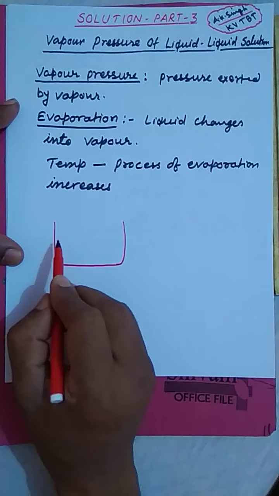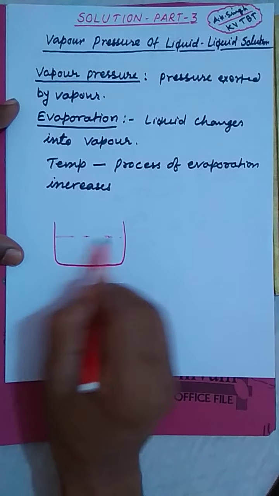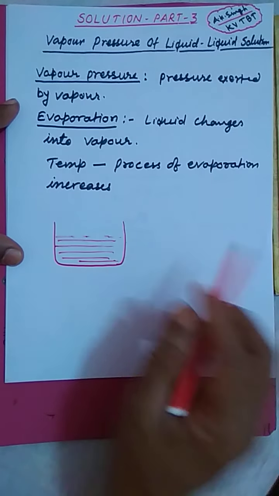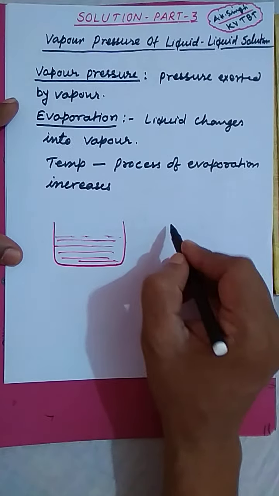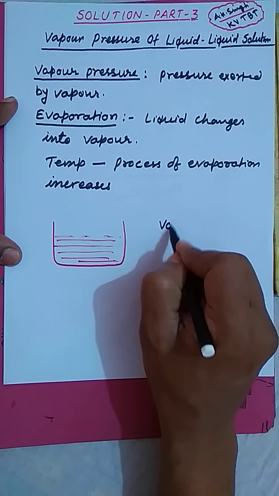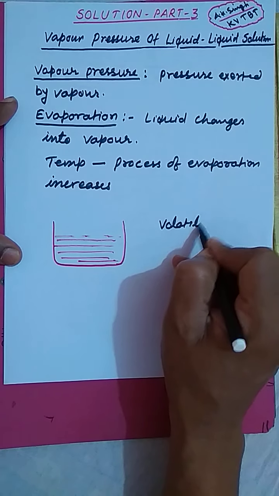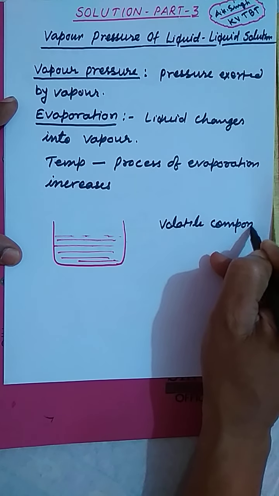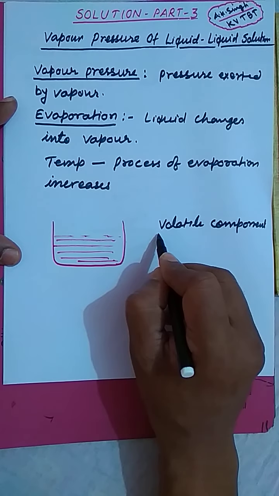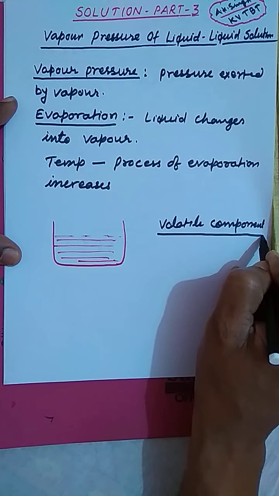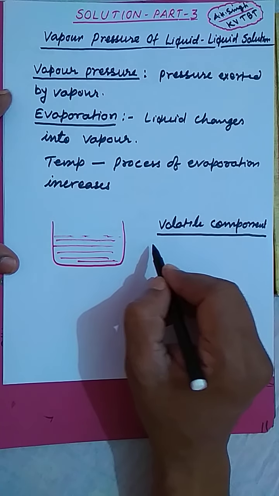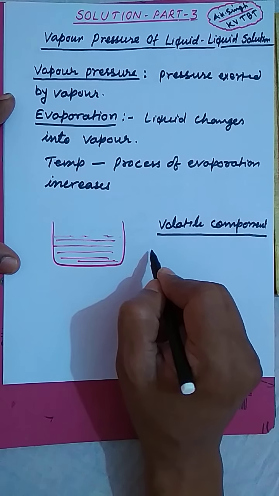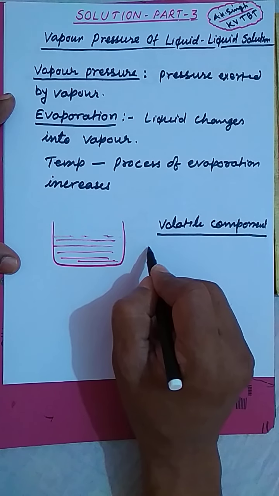So suppose this is your liquid, and one more thing to describe is volatile and non-volatile component. A volatile component is that component that can be changed into vapor.